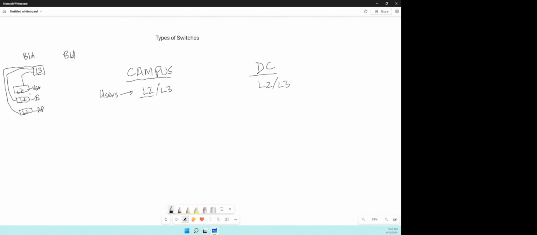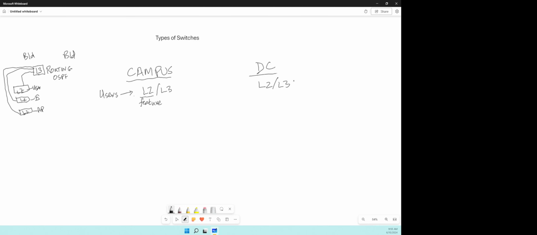So these L2 do not have routing features. They're very limited from a feature set point. And then the L3 will have the routing, where routing features like OSPF are typically supported.